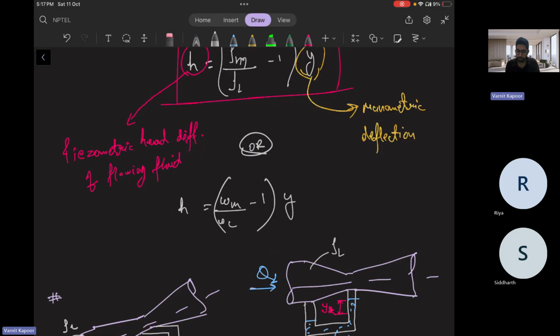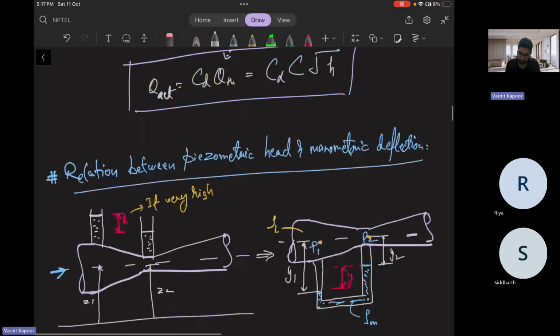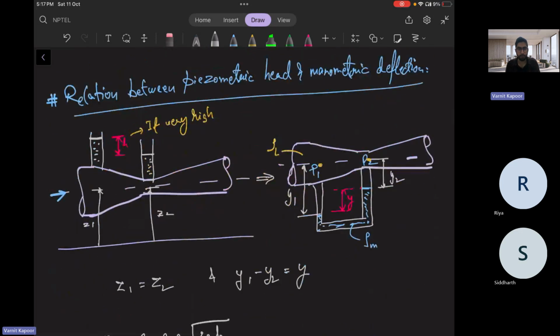In such scenarios the manometer will be an inverted U-tube manometer. So if I have an inverted U-tube manometer like this, for less pressure difference scenarios, suppose this deflection is higher.